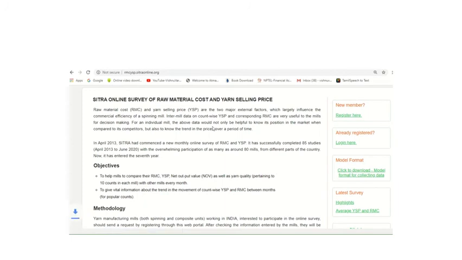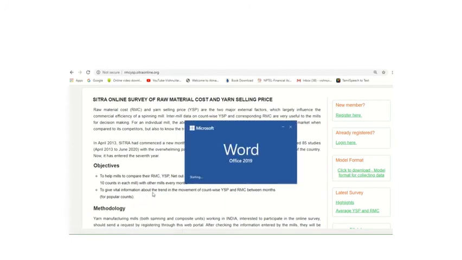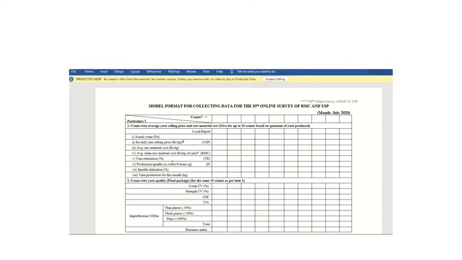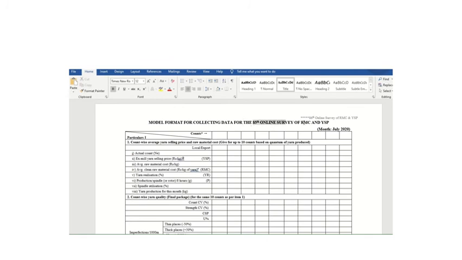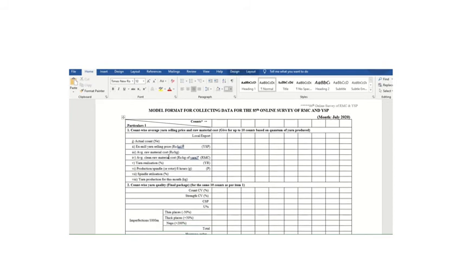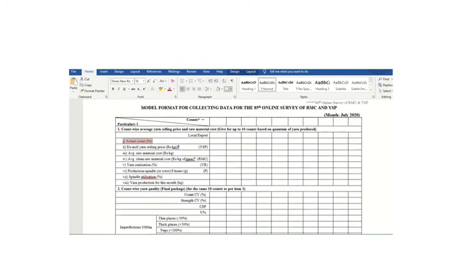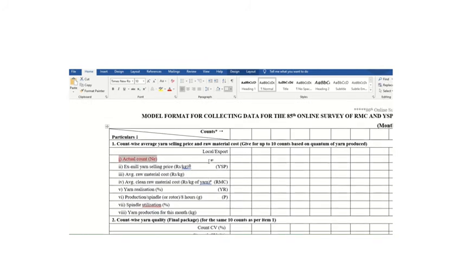They collect data. You can see the model data that they collect usually from the various spinning mills. This is the 85th online survey data collection required by Citra. So you can see the count of yarn, and then these are the cost related terms: yarn selling price, average raw material cost, average clean raw material cost.